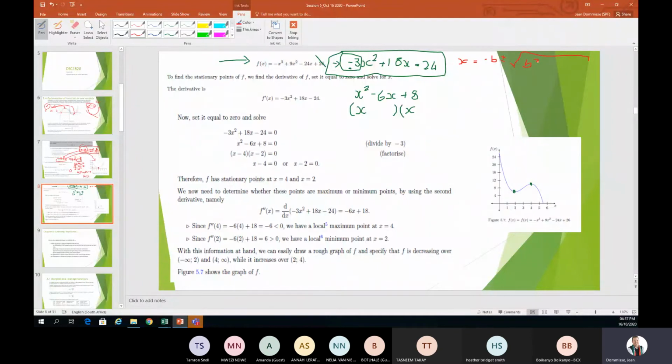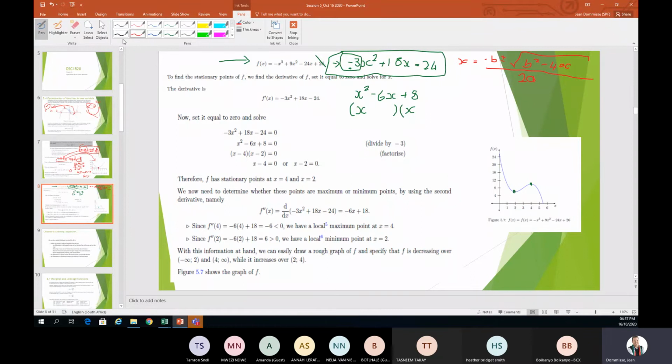So you could have used that formula to calculate the 2 x values as well.